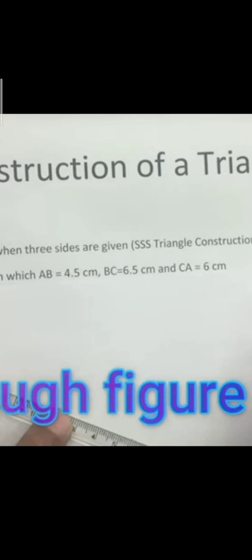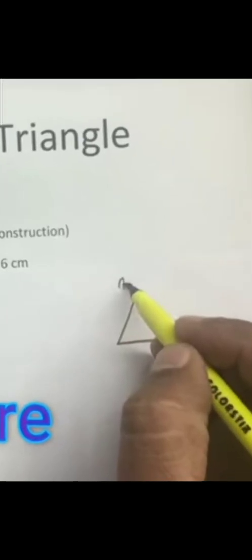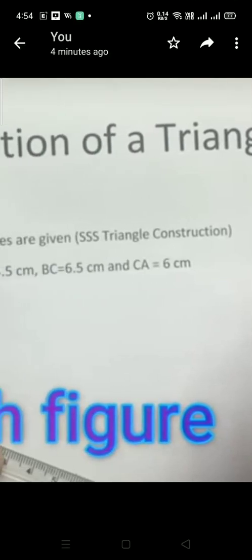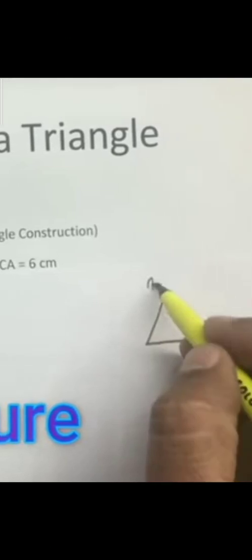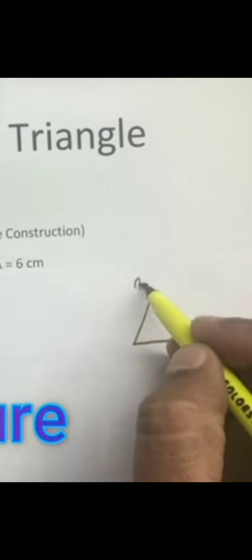Always keep in mind the bottom part will be your greatest measurement. Which is the greatest measurement over here? BC. So you draw a rough figure with base BC and A at the top. AB is 4.5, so you write 4.5 here, and AC you write 6 centimeters.